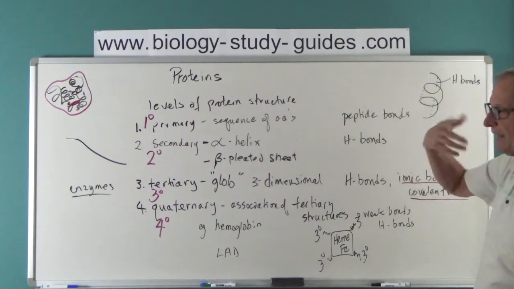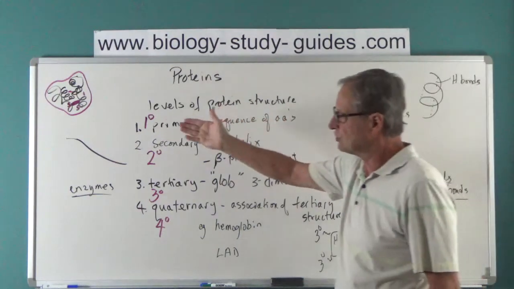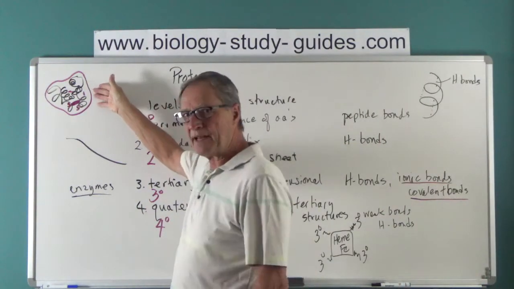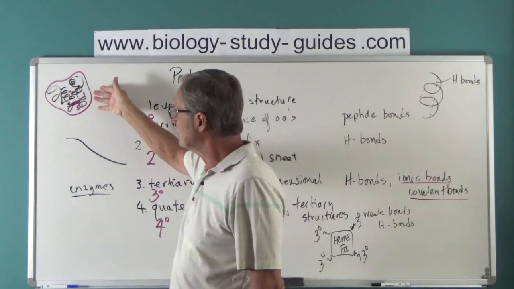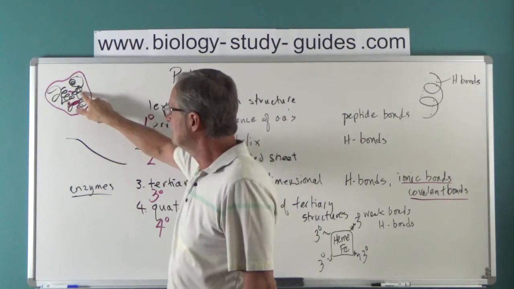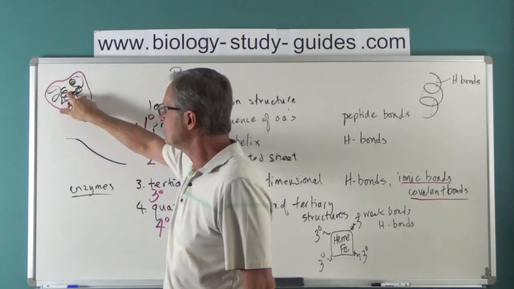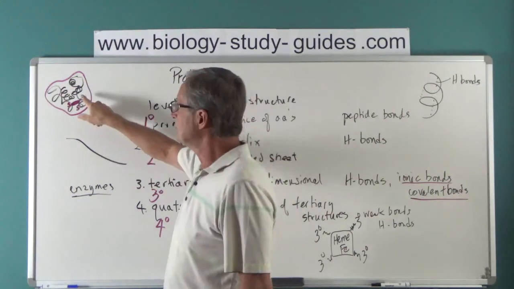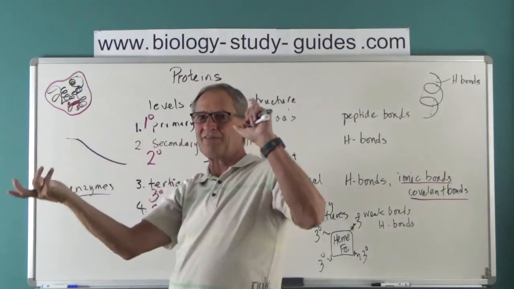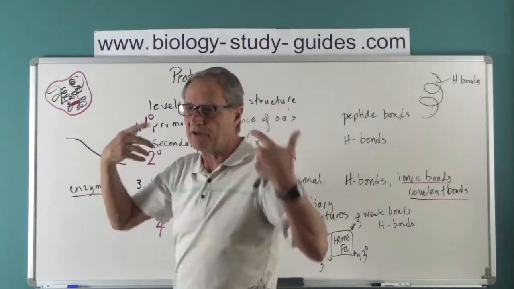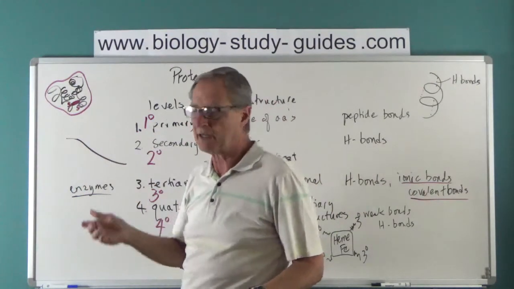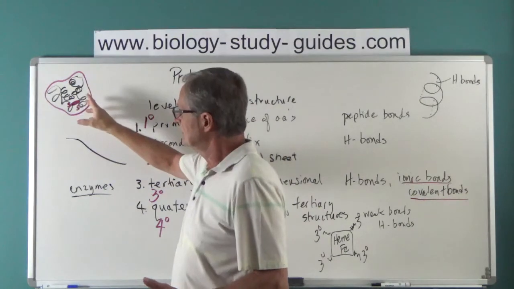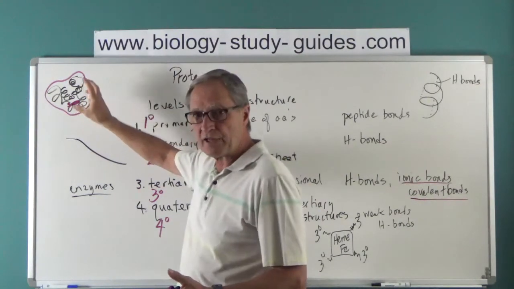But if we're talking about enzymes, we'll go back to this picture. If you heat up an enzyme, the first thing that's going to happen is these hydrogen bonds will break, because there's not very many of them and they're weak bonds. If those hydrogen bonds break, then the molecule can unravel a little bit, and if it unravels, it doesn't work, because proteins are the shape they are so they can function properly.